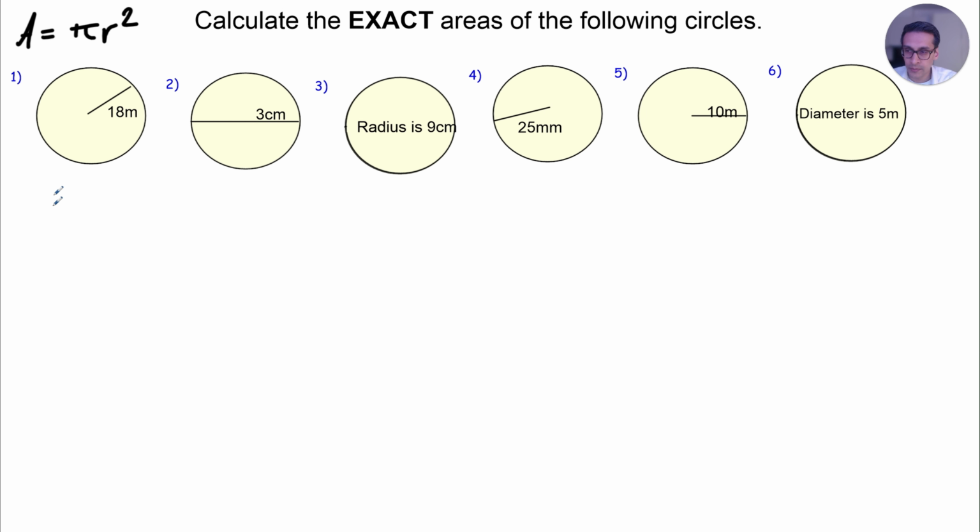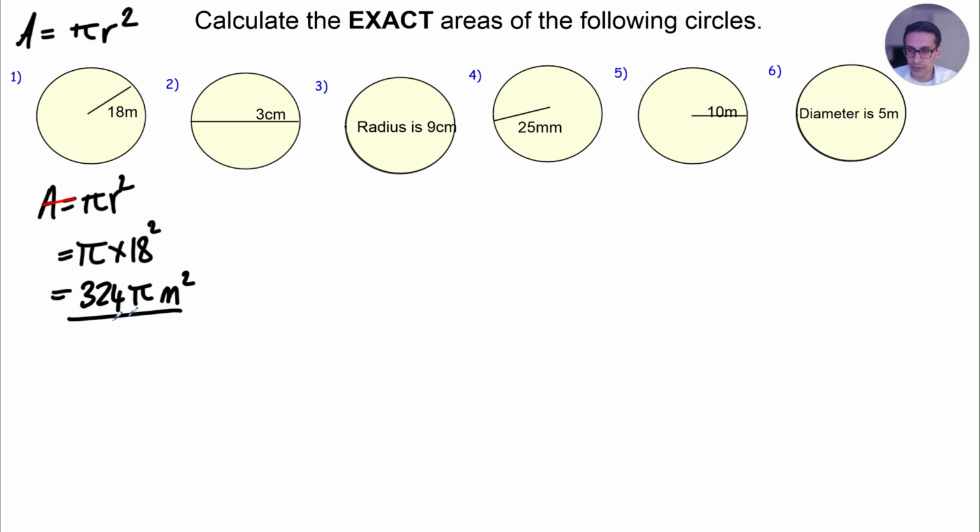So area equals pi r squared, which is equal to pi times 18 squared. We're going to put the number in front. So 18 squared is 324, and pi, and then don't forget the units, meters squared. That's your final answer.